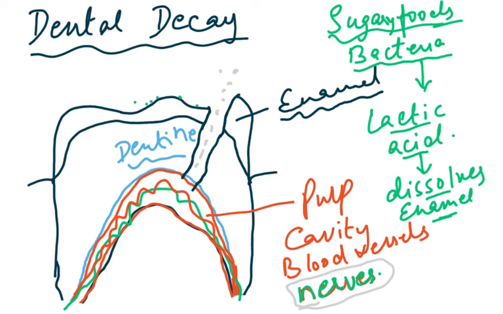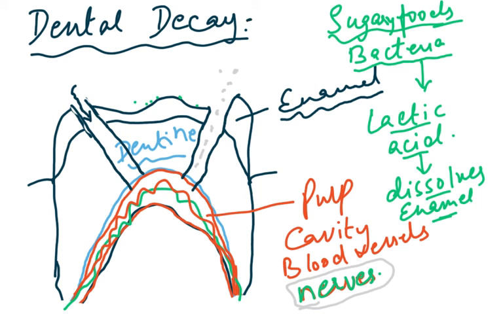So ultimately what you get is a hole in the enamel. The hole starts to develop here, and then very slowly it is going to travel down and reach the pulp cavity, and that is when the food is going to enter this tiny microscopic hole and irritate the nerves.